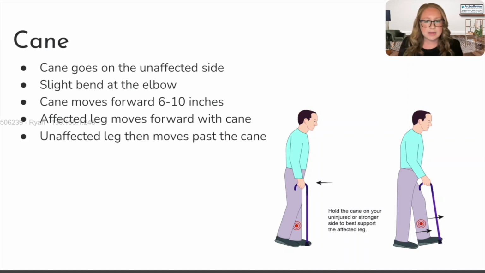With the cane, we're going leg and cane together, and then that good leg moving up past the cane. So it's a more natural gait. They can move a little bit more quickly if they just need a little bit of extra support. So one more time, cane on the unaffected good side, bad leg and the cane go forward together, and then that good leg forward past the cane, a more normal walking stance.